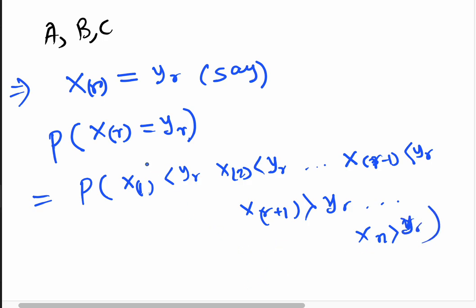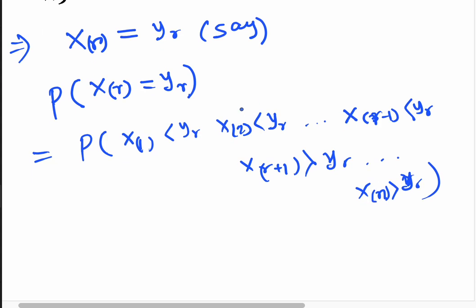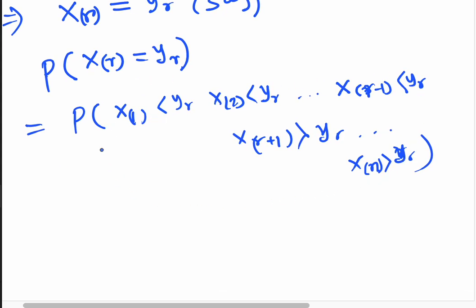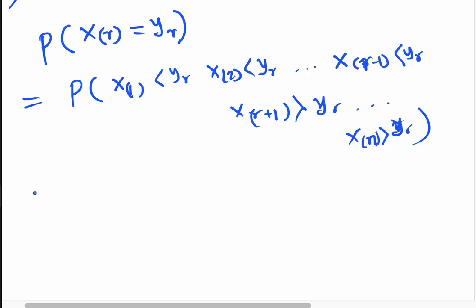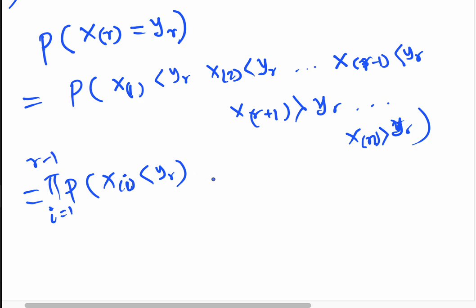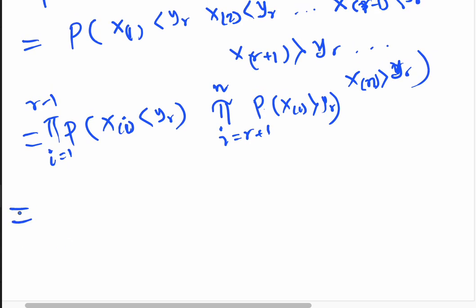Since all these are independent, the probabilities should be multiplied: the product for i equal to 1 to r minus 1 of the probability that x of i is less than y of r, and the product for i equal to r plus 1 to n of the probability that x of i is greater than y of r. Now how many ways can I choose such numbers?